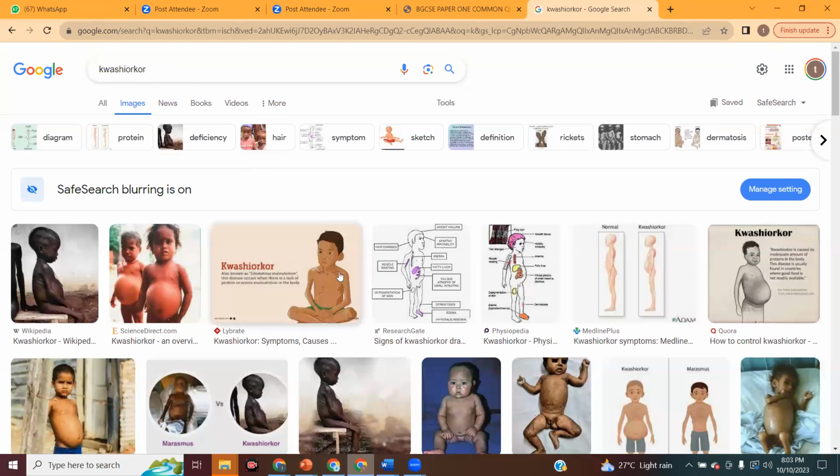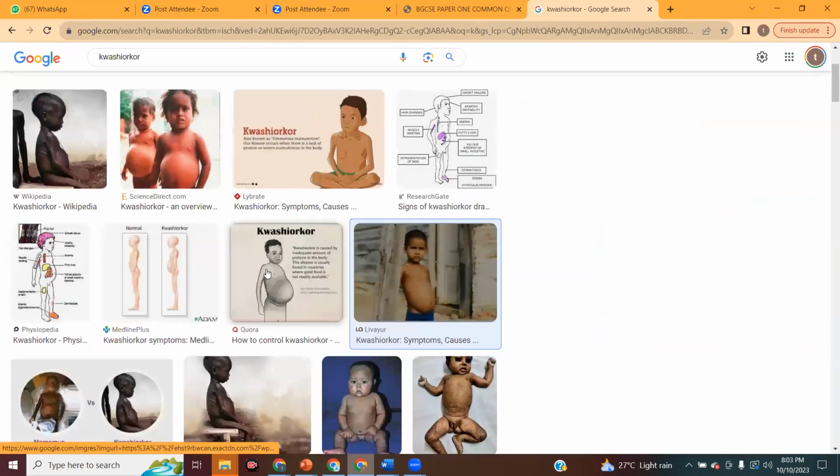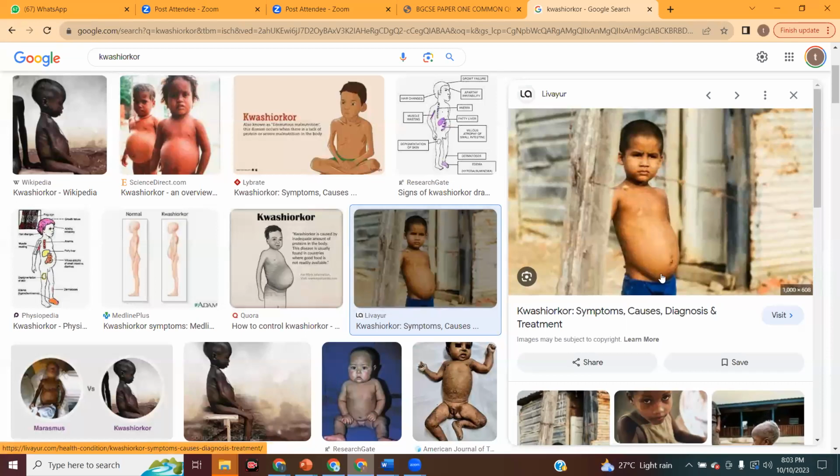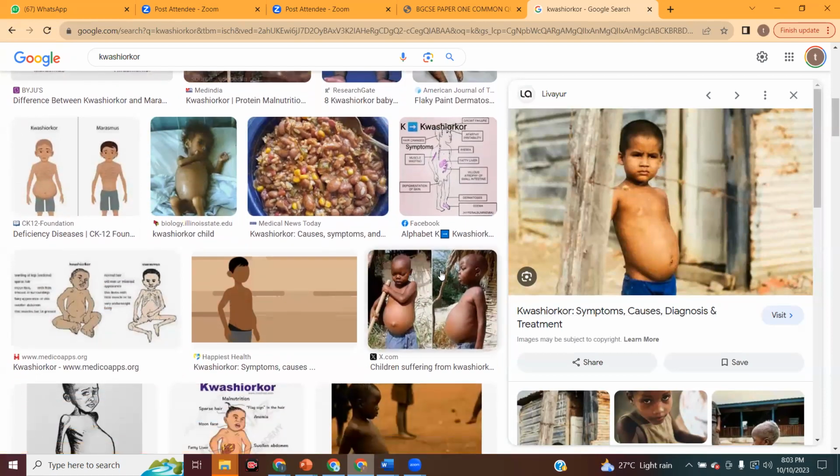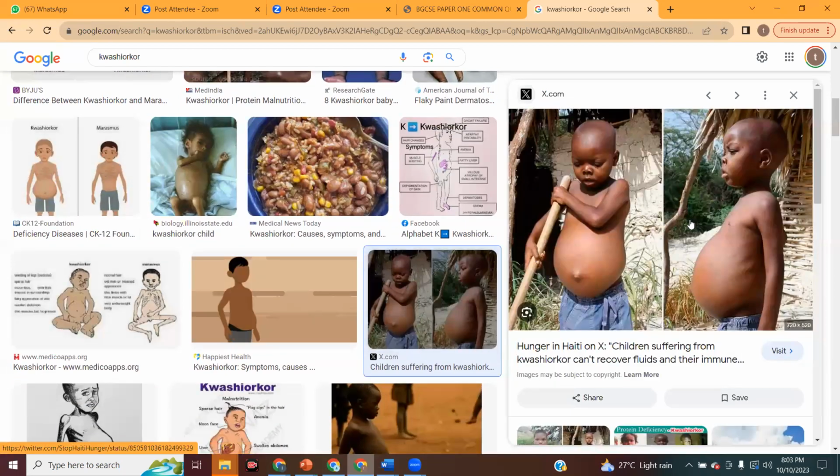So that's when you have a huge belly, right? And that's because your liver is swollen. It's very hard to pronounce, but this is kwashiorkor, and that's a lack of protein.